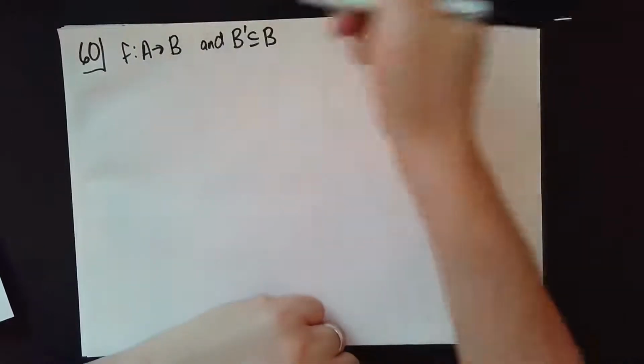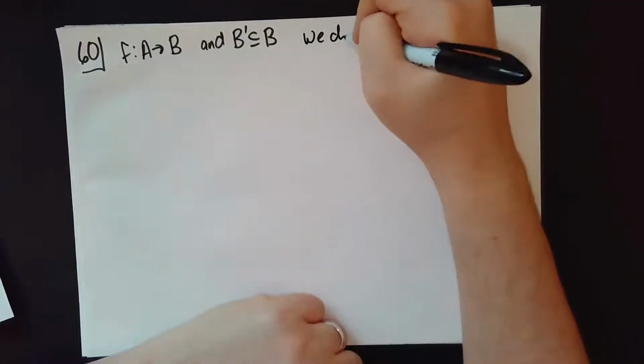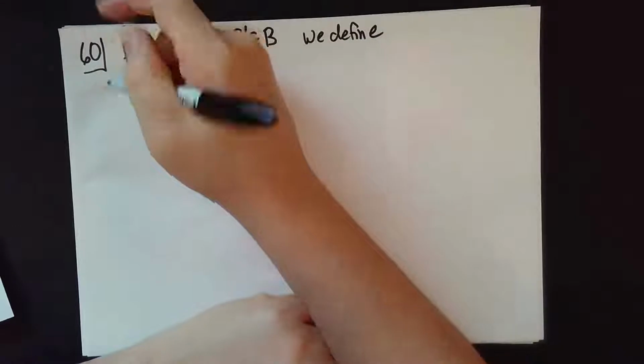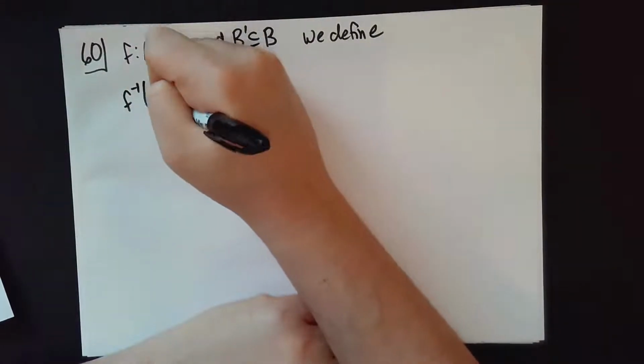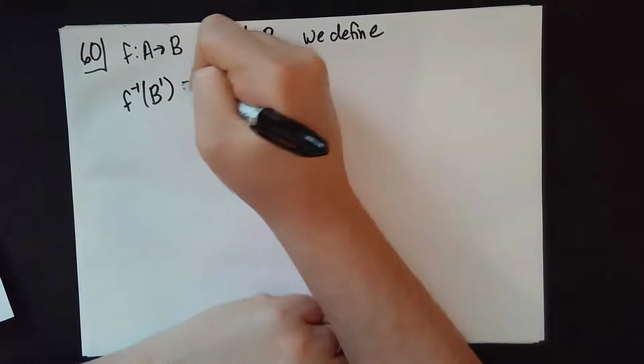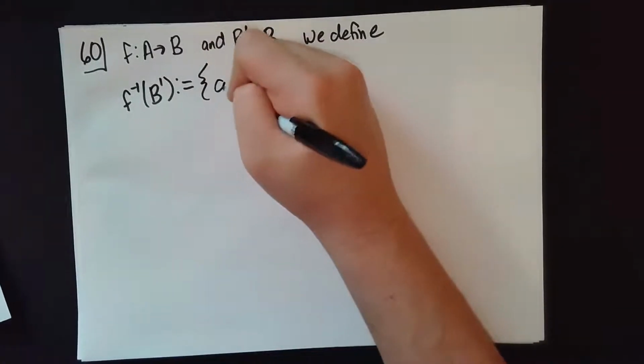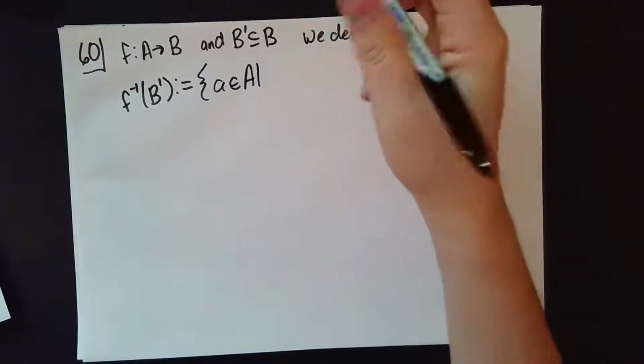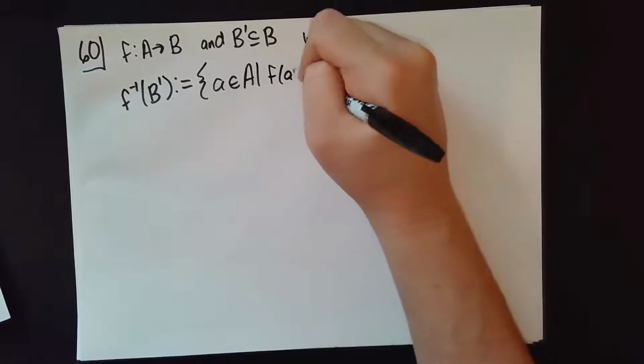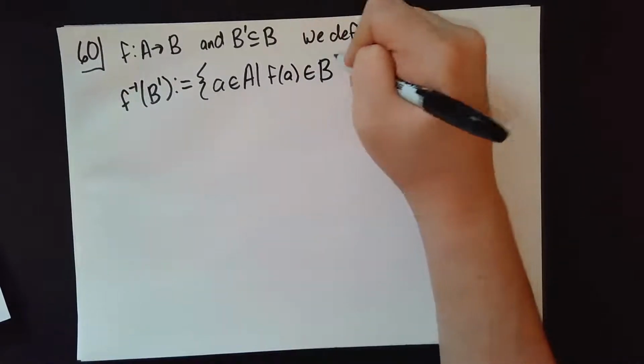Okay, then we define this thing that we call the inverse image under f of B prime. It's defined to be the set of a in A such that f of a is an element of B prime.